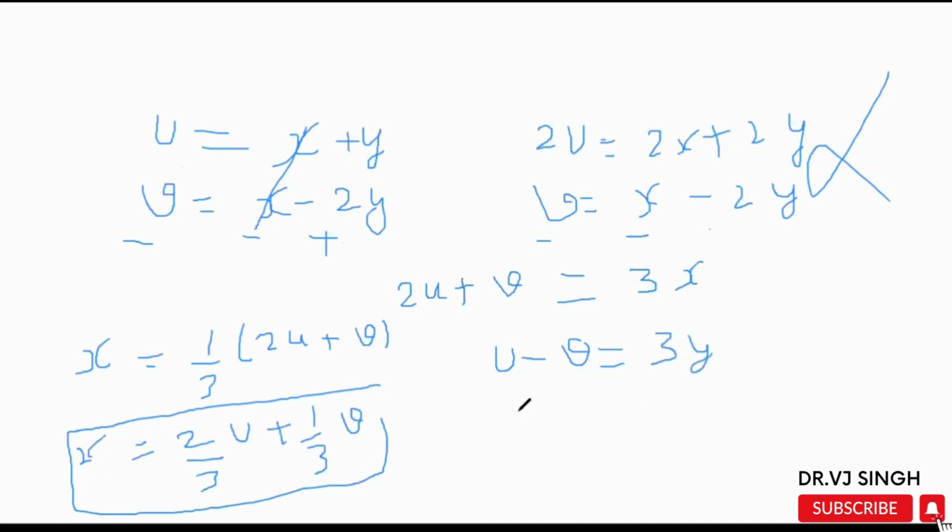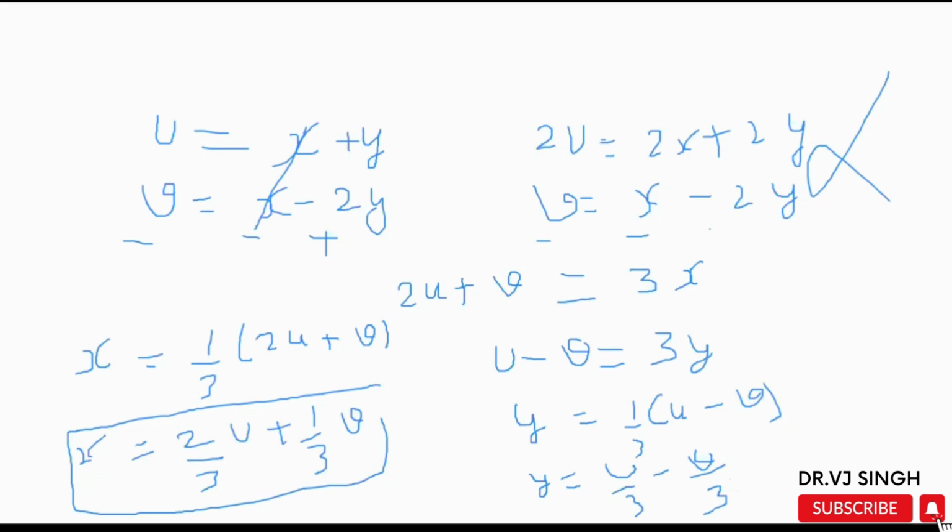So the y value is 1/3 of (u minus v). So y we can write as u by 3 minus v by 3.